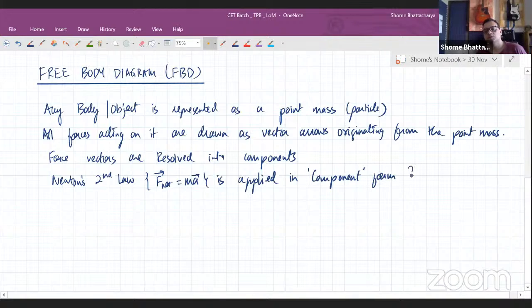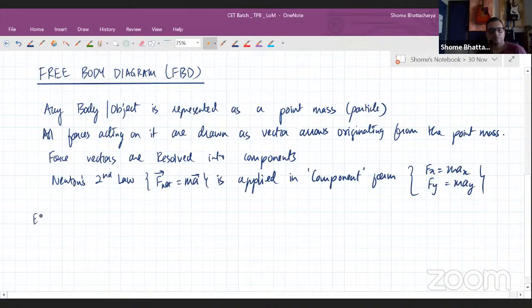So component form का मतलब क्या हो गया, that x component of the net force becomes mass into x component of acceleration. Y component of the net force is mass into y component of acceleration. Like this, okay? So let us understand this with an example. So something very basic over here.